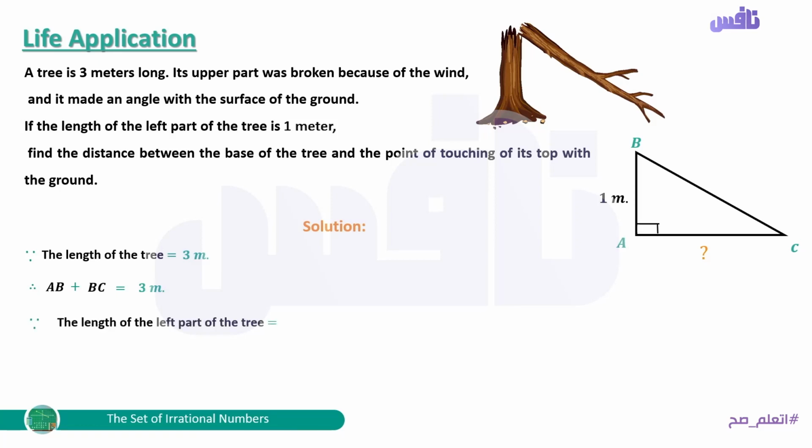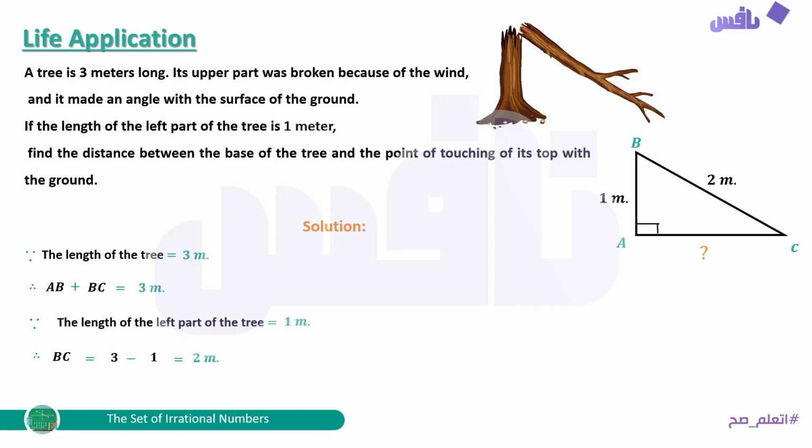And the length of the left part of the tree equals 1 meter as given in the problem, okay? So to find the length of BC, it will be 3 minus 1 equals 2 meters. And we write on BC 2 meters, like that.